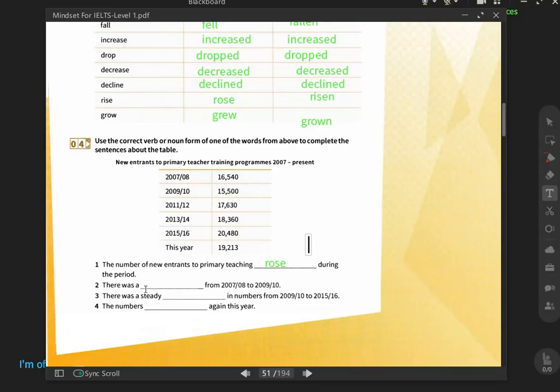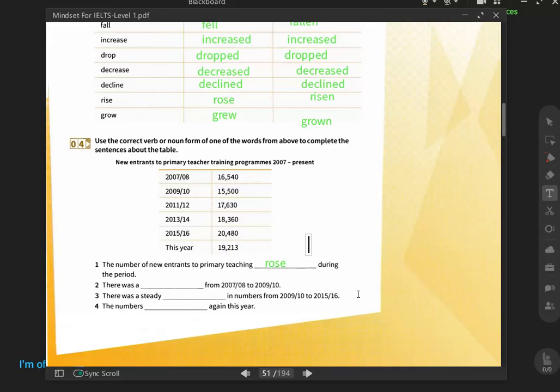Here, there was a, okay, I need a noun here. And let me say, these words can be used as the noun or verb. There was a decline, decline from. Okay, decline is okay, but not declined because decline is verb. There was a drop, there was a fall. All of them make sense. And three, there was stable in numbers from 2009 to 2015.